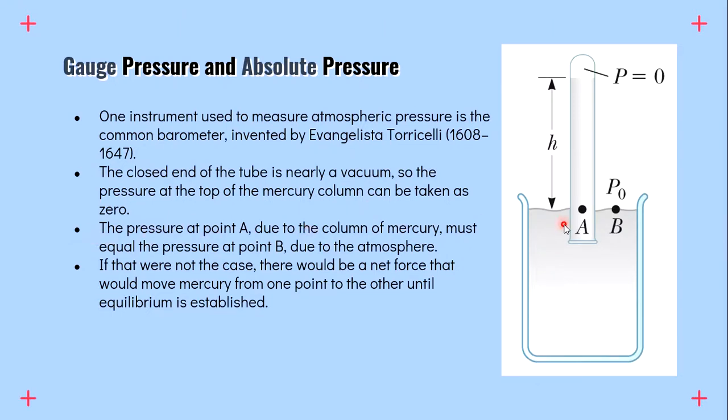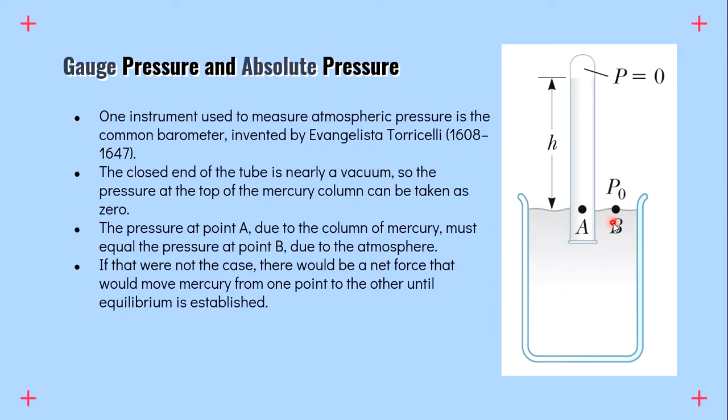So the pressure at point A, due to the column of mercury, must be equal to the pressure at point B due to the atmosphere. You can recall this principle from your high school physics.